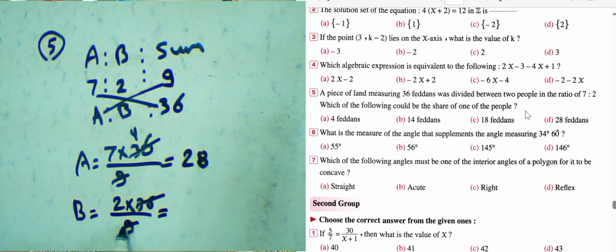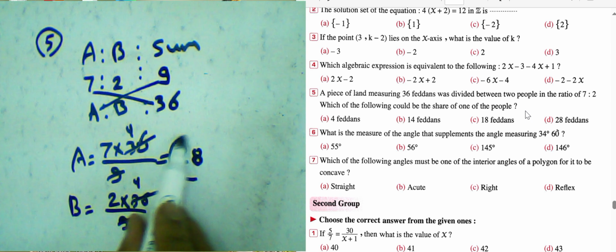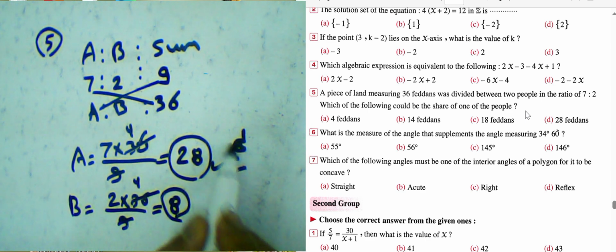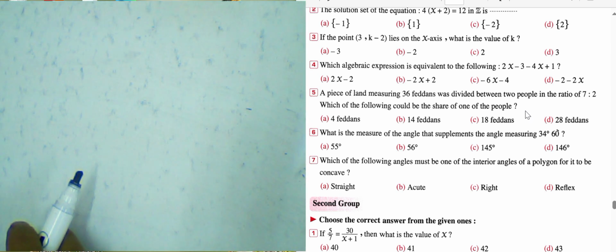And 36 divided by 9 is 4, 4 times 2 equals 8. Then the share of each one of them is 28 faddans and 8 faddans. We want to find the share of one of the people, and we have here in the example 28 faddans. Choose letter D for question number 5.